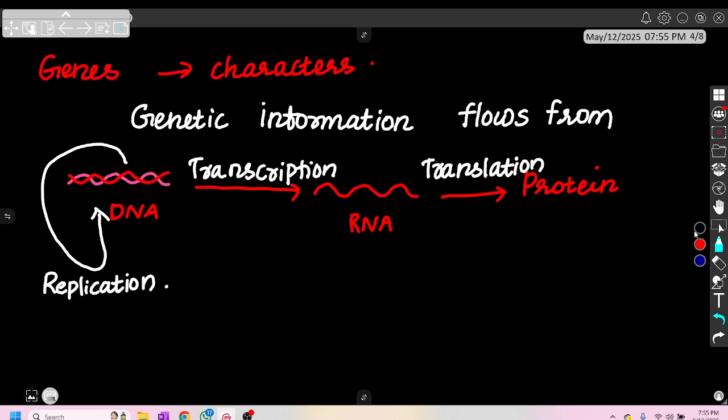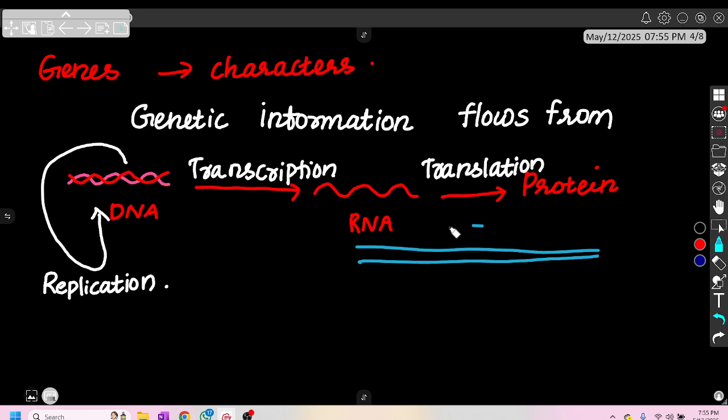In most cases, RNA is formed from DNA and RNA gives rise to proteins. The process by which RNA is converted into protein is an irreversible process. We cannot synthesize RNA from protein. This process cannot be reversed.